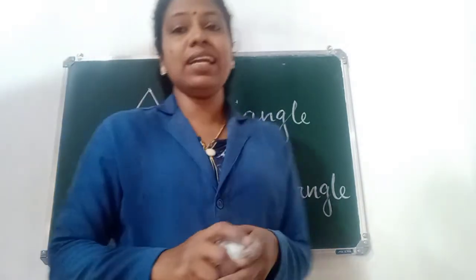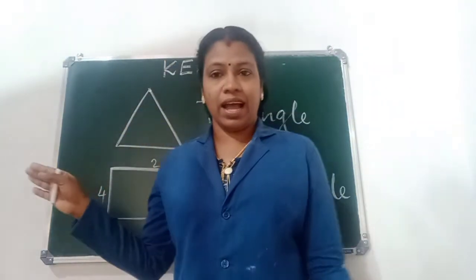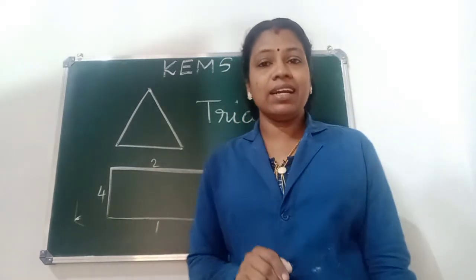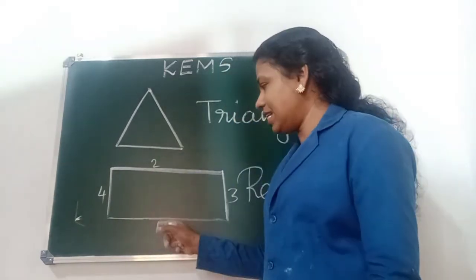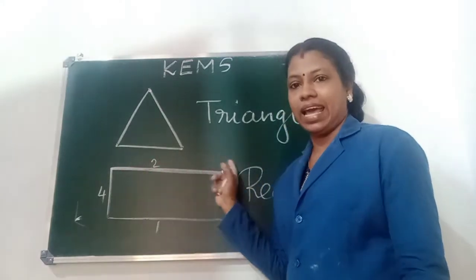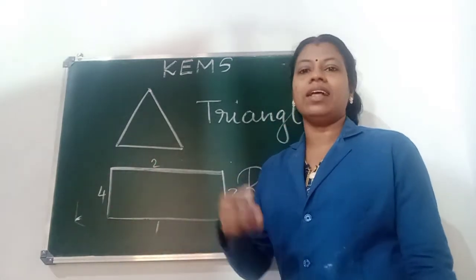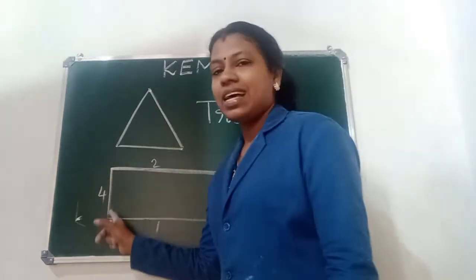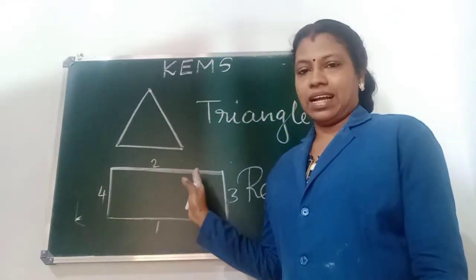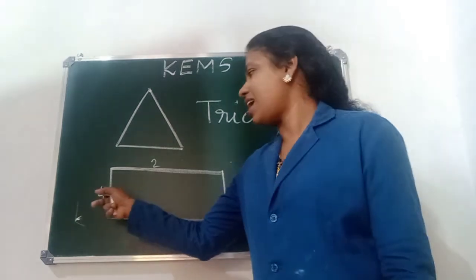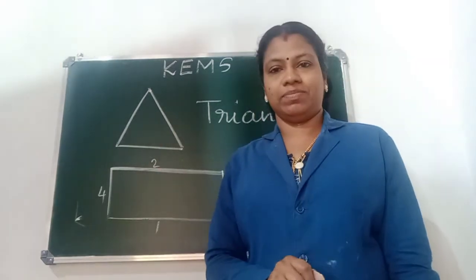A rectangle has four sides, but opposite sides of a rectangle are equal. So these two sides are equal in length. This is the longest side. The same way, these are another pair of opposite sides, and these are equal in length.